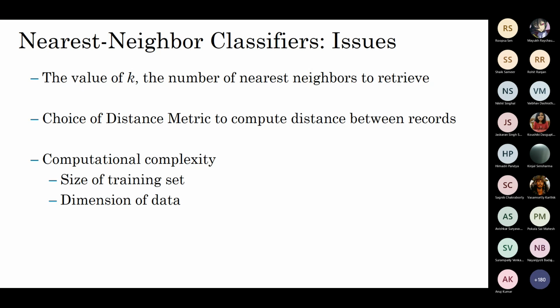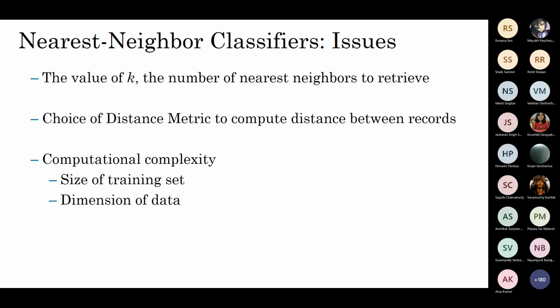So the unresolved issue that we all face is the value of k. Nobody knows what is a good value of k. Second issue, of course, is the kind of distance metric that you are using. Again, there are scaling issues and heterogeneous data issues. For example, some attributes are continuous, some attributes are discrete, and so on. Those are the issues that you have to figure out.